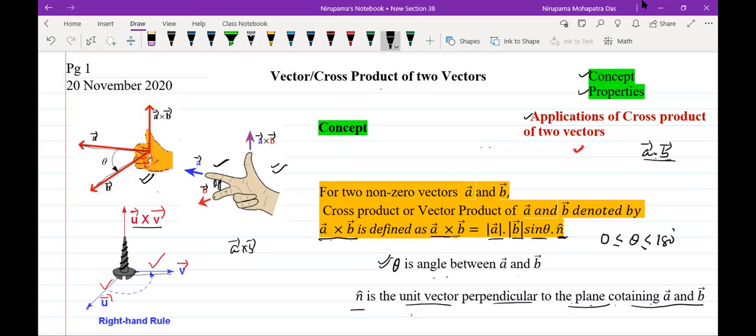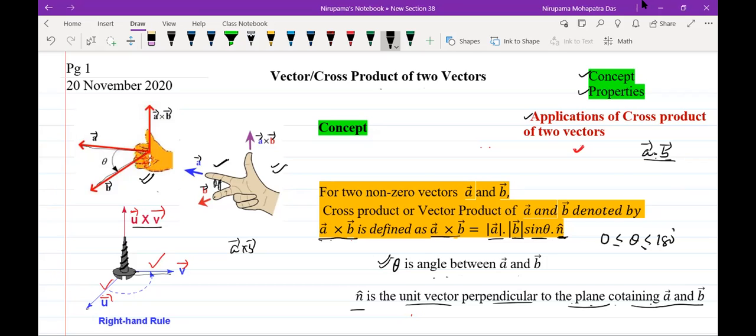Just like a line contains infinitely many points, similarly a plane contains infinitely many lines. So any perpendicular to the plane is perpendicular to all the lines contained in the plane.